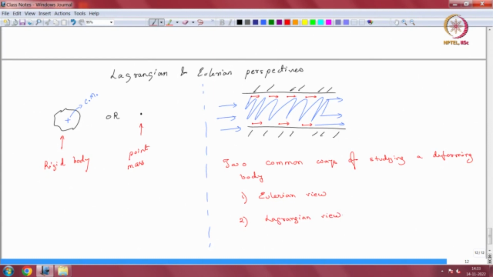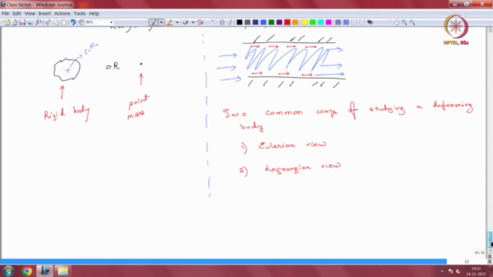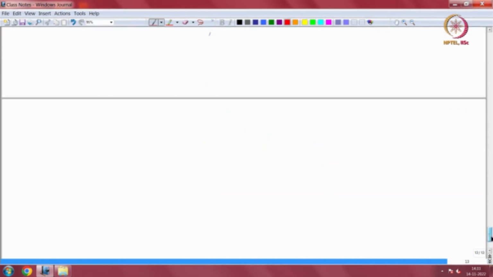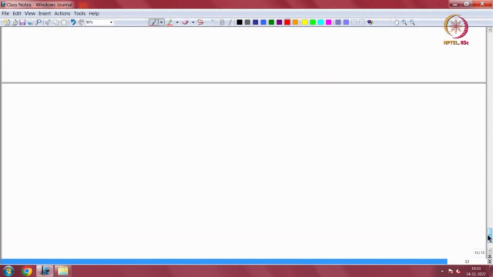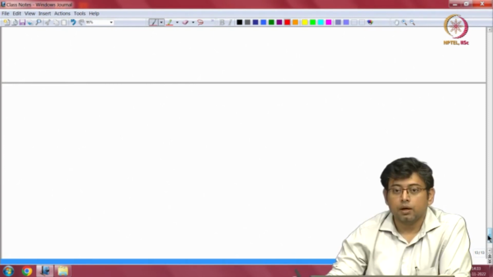These are nothing but ways in which we keep track of the deformation. Now, we will discuss the Lagrangian view first, because that is the more intuitive one, and that is what we are accustomed to with respect to dynamics.